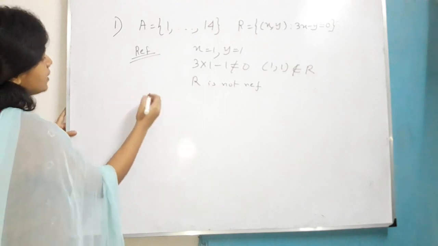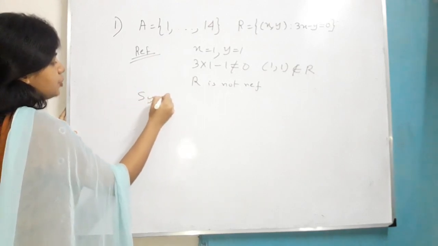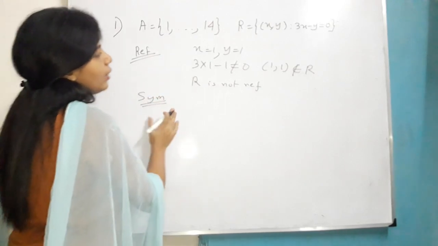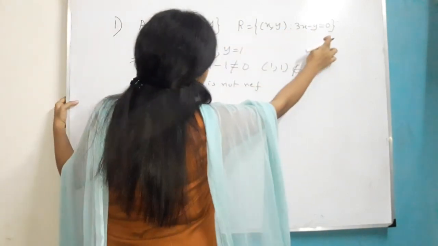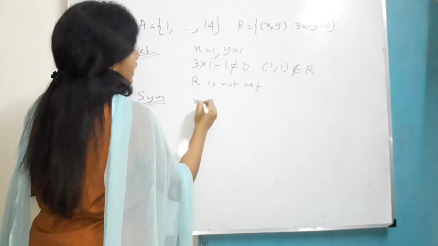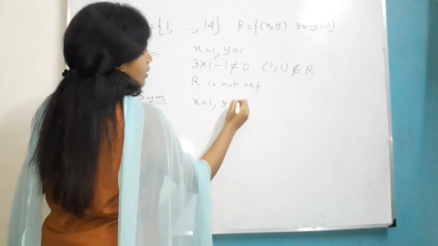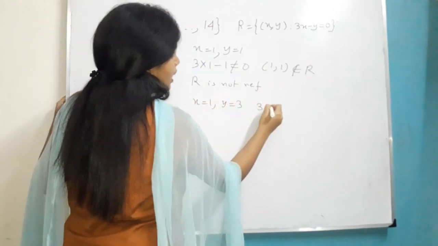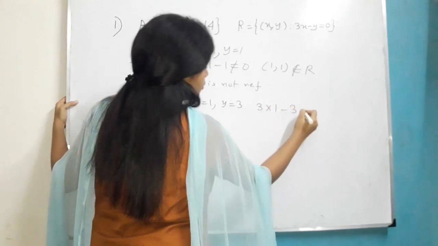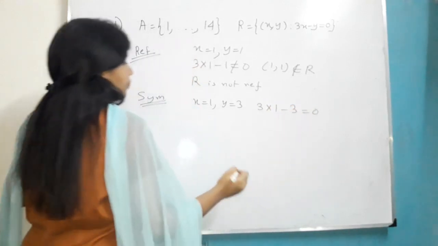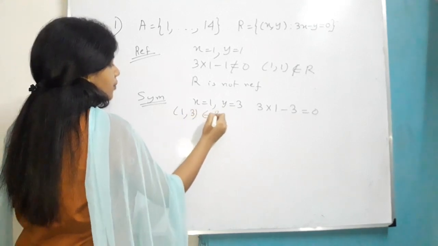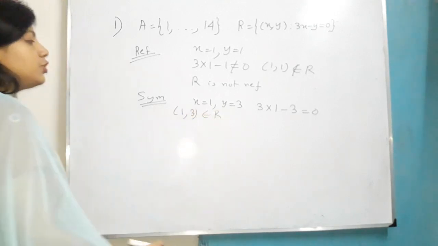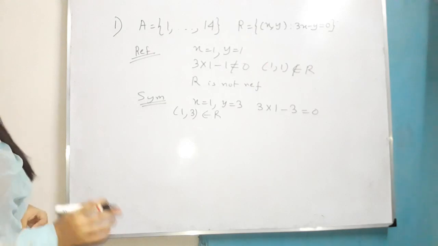Okay. Now next I will check for symmetric. So you have to take such elements so that this relation is followed. If I take x equals 1 and y equals 3, then you can observe that 3 into 1 minus 3 is 0. So we can say that (1, 3) belongs to R. Now I will check whether (3, 1) also belongs to R or not.